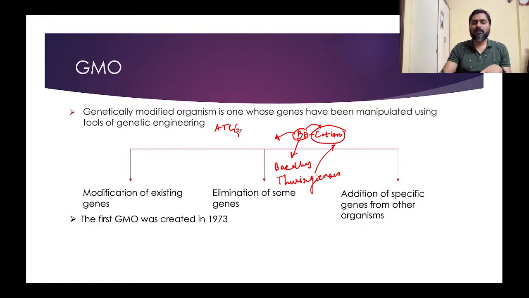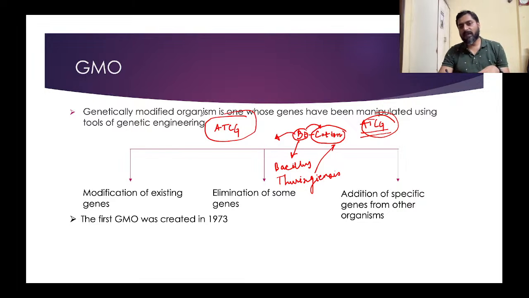Cotton also is using ATCGs to code. Genes are the coding of information for production of any particular kind of protein. Cotton plants, bacteria and humans are all using this. All living organisms use these base pairs only to code information, to pass on traits from one generation to another.